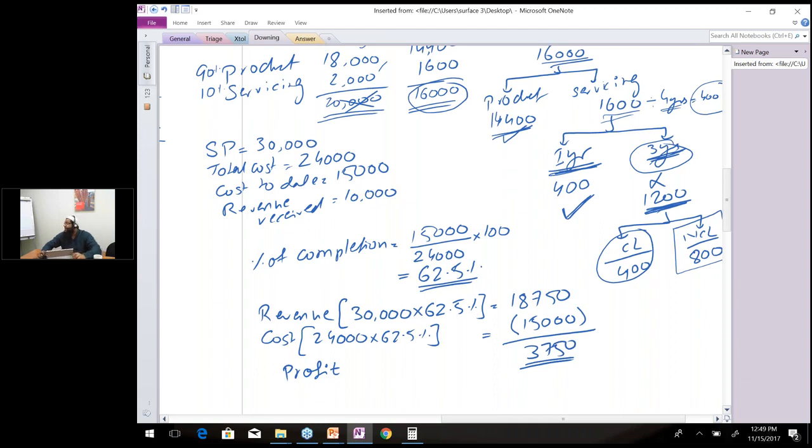Hamza is asking, sir, why didn't we add the estimated cost and the cost to date in the denominator while calculating the percentage of completion? Basically, Hamza, the total cost was given to you and the cost to complete was not given. So when the cost to complete is not given, in that case, you can divide by the total estimated cost. If the cost to complete would have been given, only then we could have done that.